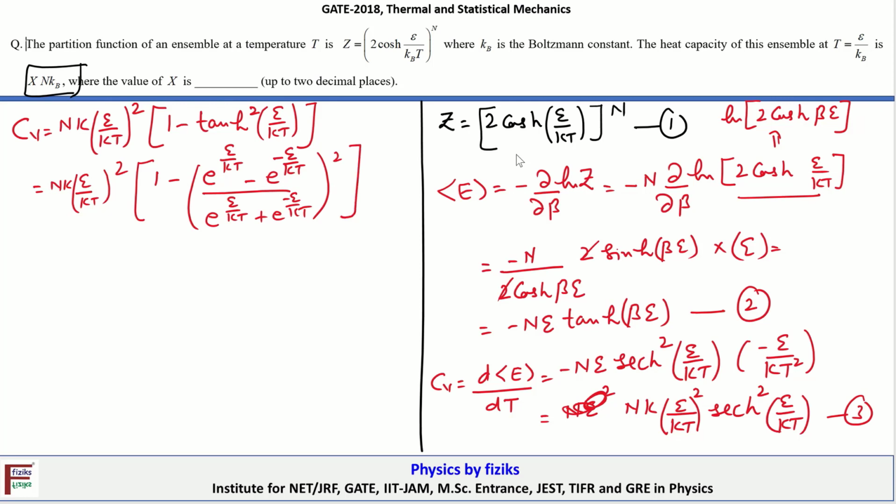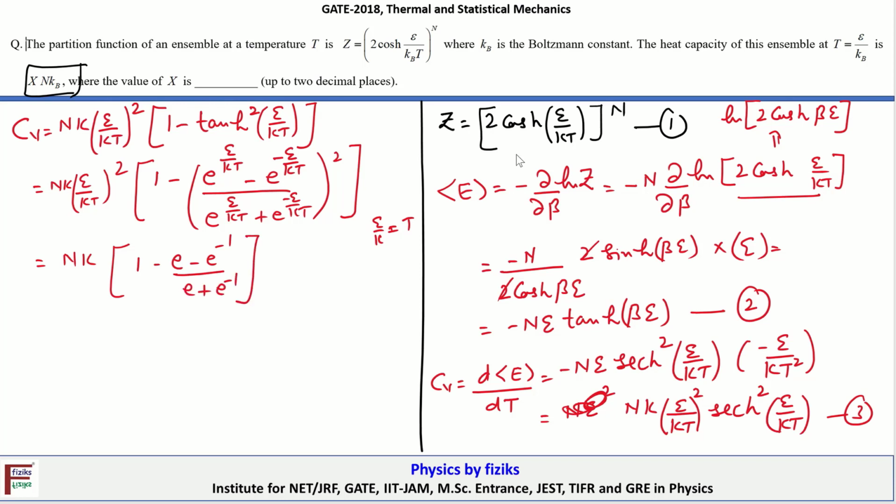Now it's given that E by k_B is equal to T. So when we replace E/k with T, we obtain nk times 1 minus [(e^1 minus e^-1) upon (e^1 plus e^-1)] squared.